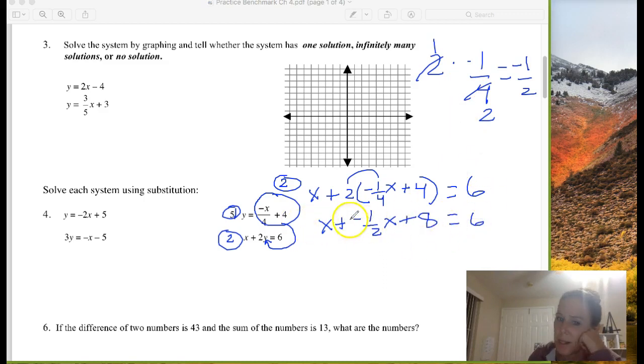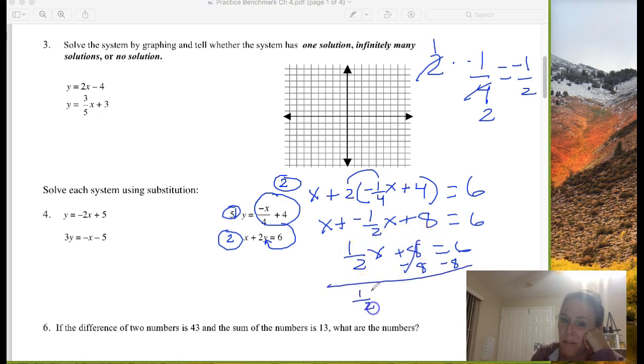Let's go ahead and simplify this. 1x minus 1/2 an x is going to be 1/2 x, plus 8 equals 6. Peel off the 8. I got to get x by itself, so subtract 8 from both sides. You get 1/2 x equals 6 minus 8, which is negative 2.